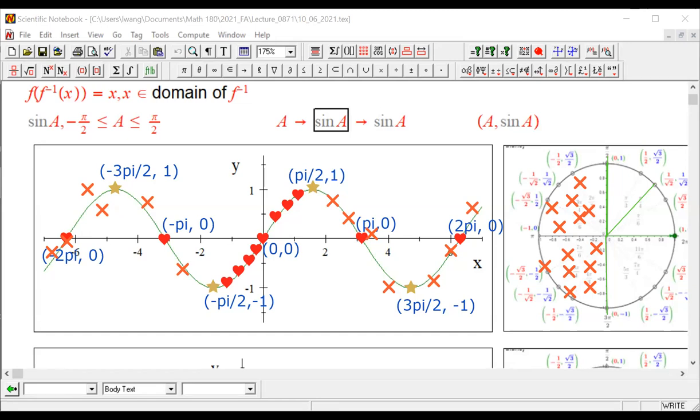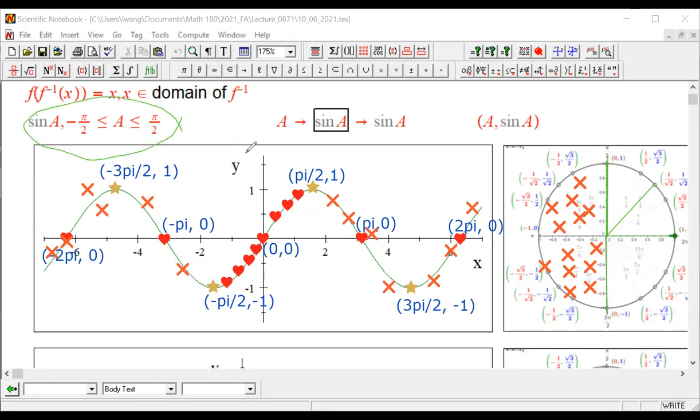Okay, and there's more consequence that follows, because there's more algebraic work involved in it, right? So we can see the new function has a domain between negative pi over 2 to pi over 2, and this function as a whole is a new function.